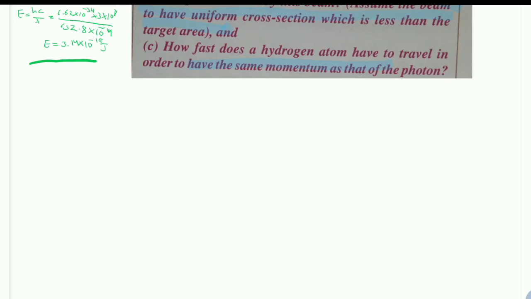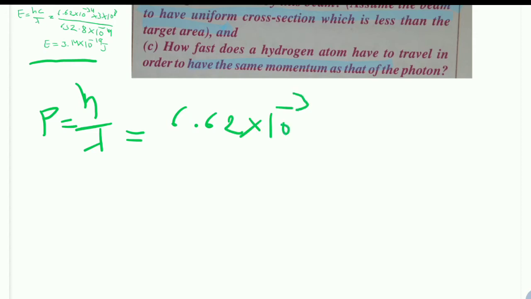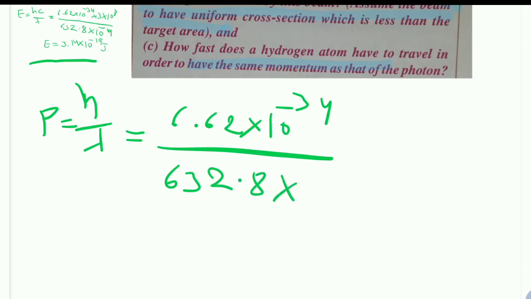Momentum of each photon in the light beam is p is equal to h by lambda. So h value is 6.62 into 10 to the power of minus 34, and lambda value is 632.8 into 10 to the power of minus 9.